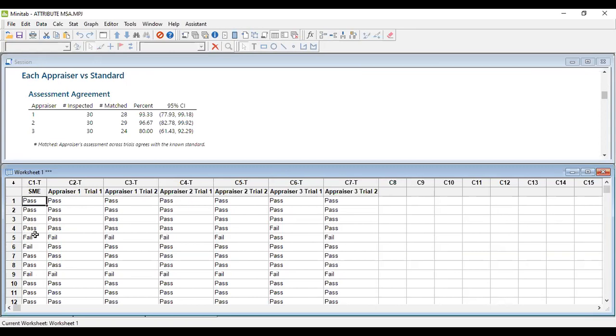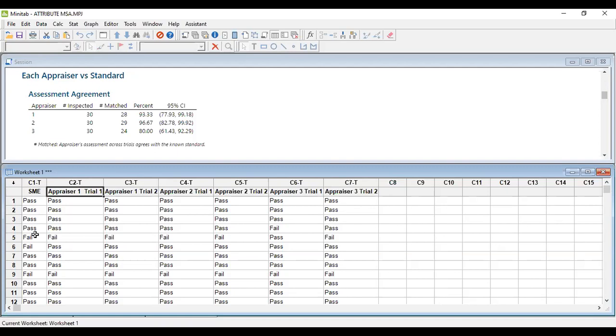Let's say this is the on-time delivery. The first part number is a pass, which means that it has met the on-time delivery, right? So similarly, he's done a pass or fail against each of those 30 part numbers. And this is a standard. This is something an SME helped us to do, or we pulled it out from the system.